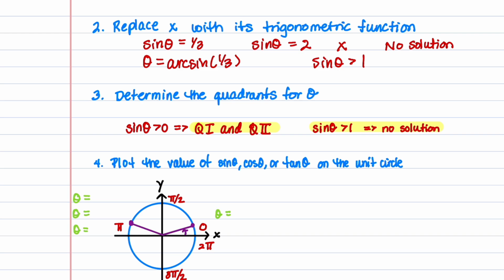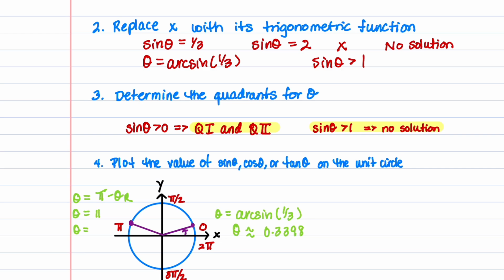In our first quadrant, theta is going to be the arc sine of 1/3. When we put this in our calculator in radian mode, this is equal to 0.3398. In our second quadrant, theta is going to be pi minus theta sub r.